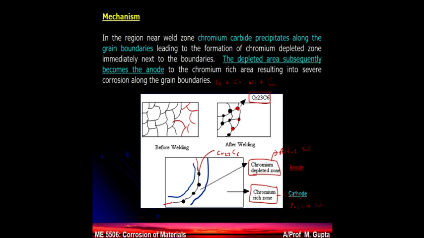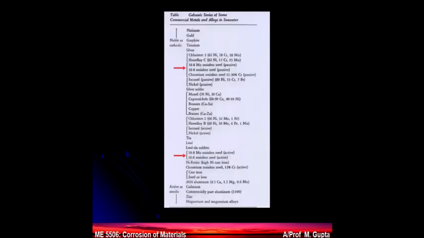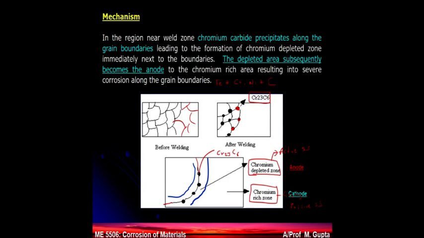If you look at this galvanic series here, you see the passive stainless steel, which contains chromium oxide, and active stainless steel, with no chromium oxide. This is exactly what is happening here. You have a small area without protection and the remaining area with protection.